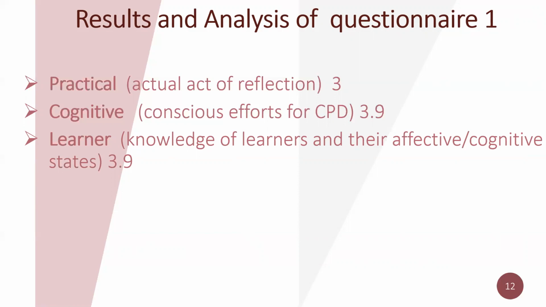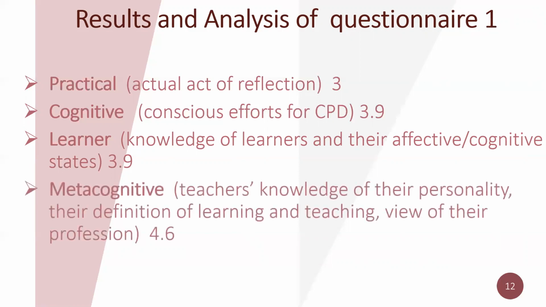At the metacognitive level, all of the teachers scored themselves above a 4 on all of the questions about thinking about how I became a teacher, thinking about how my previous experiences shape who I am today as a teacher.